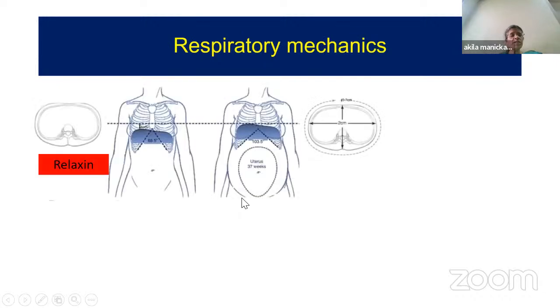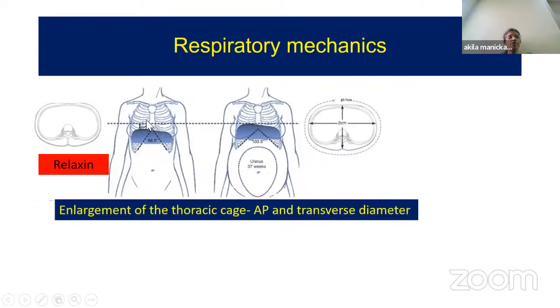And when we look at respiratory mechanics, let us go systematically, first from the skeletal system. What happens to the thoracic cage? When we look at the thoracic cage dimensions, there is an increase in the AP diameter and the transverse diameter.